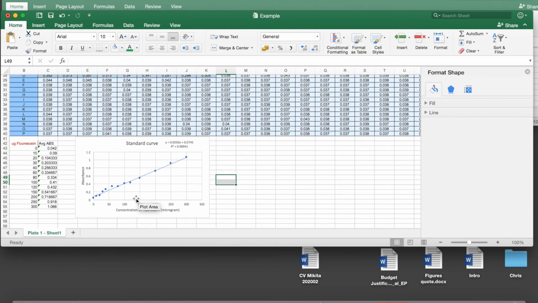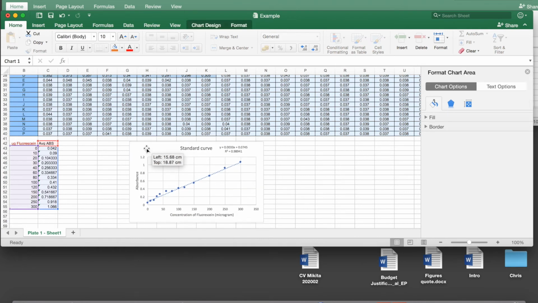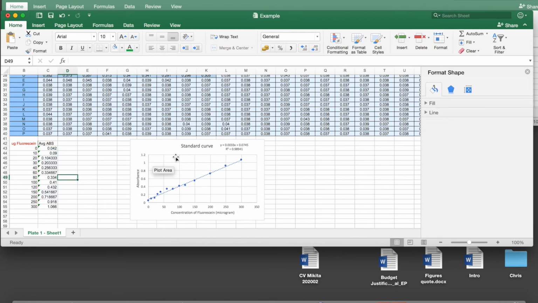The x represents the concentration in the x-axis. And 0.0745 represents the intercept where the line crosses the y-axis, okay? So Excel can calculate for me this slope and the intercept. Let's ask Excel to do that for us.